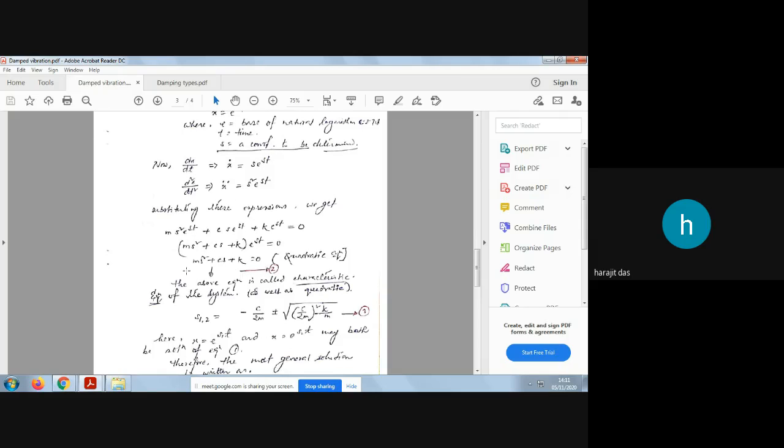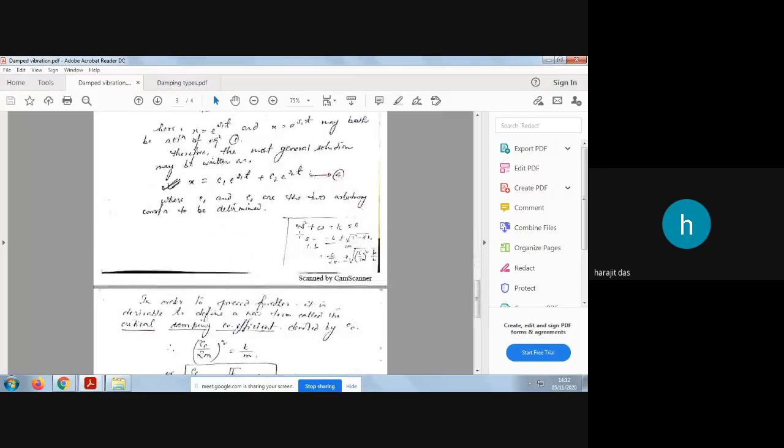So here this is a quadratic equation, and this equation is also called the characteristic equation. So the solution of this equation, m s square plus cs plus k equals to 0, is found out this way: s will be equal to minus b plus minus under root b square minus 4ac, by 2a.